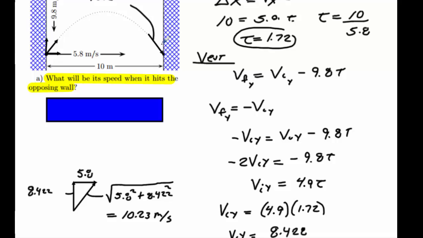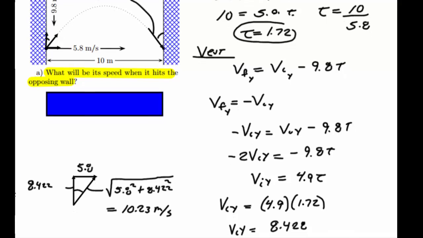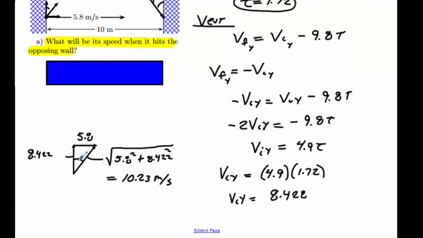Alright, now I'm looking for this angle here. This angle would also be the same as the angle when I launch, which in this picture would be this angle here. So if I'm looking for that angle, can I not just say the tangent of theta is going to be opposite over adjacent?